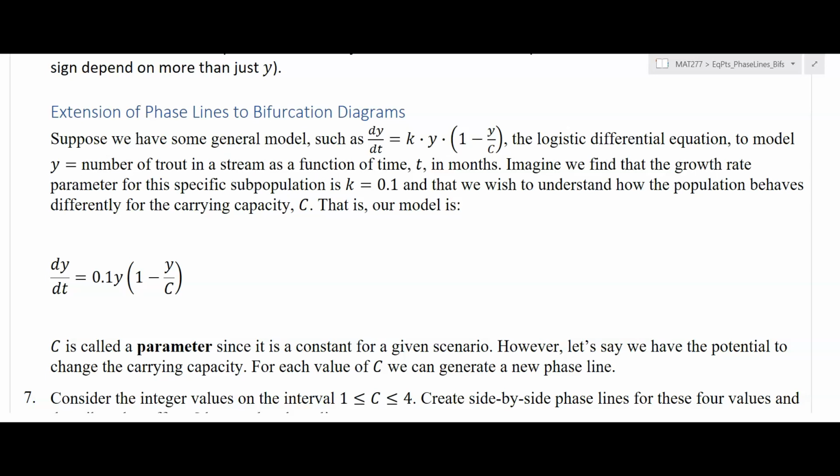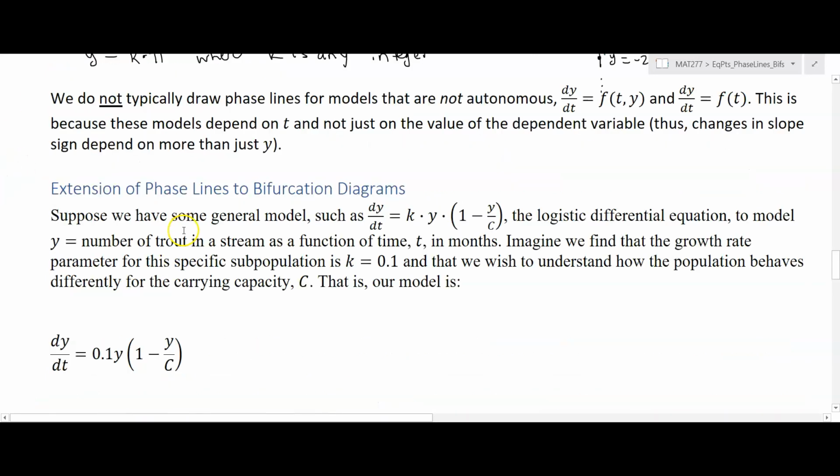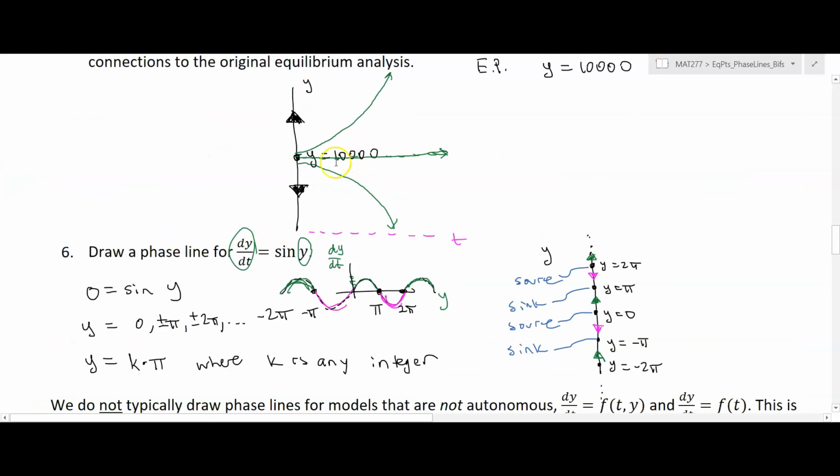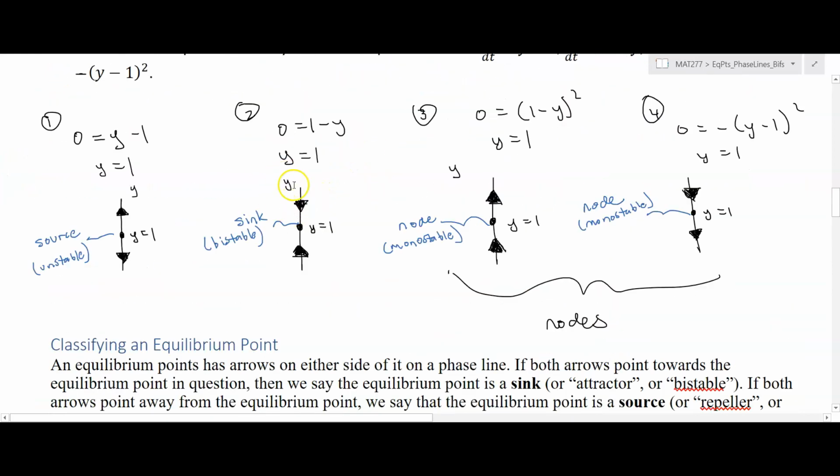When we are able to summarize what's going on in a model just based on one axis without having to draw time, we can say, for all time in the model, dy/dt equals 1 minus y. If y is ever above 1, for all time it will decrease until it reaches y equals 1 as its equilibrium point. So having the t-axis in here is not necessary for me to understand.